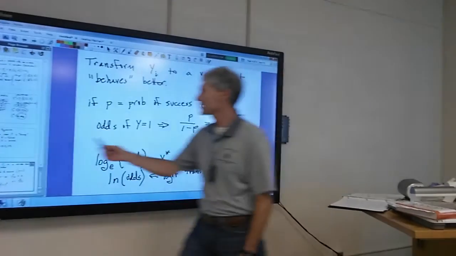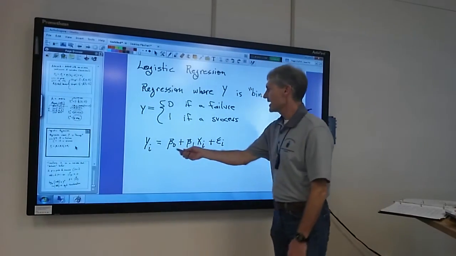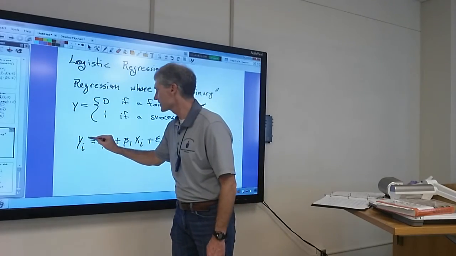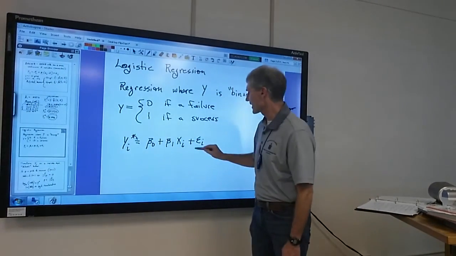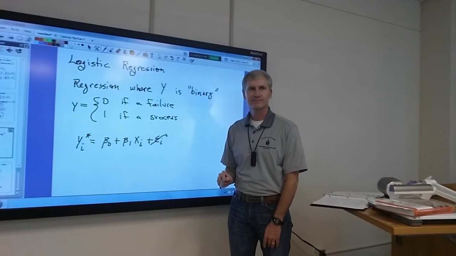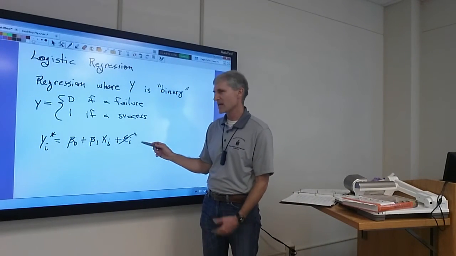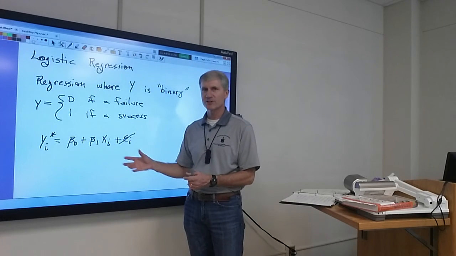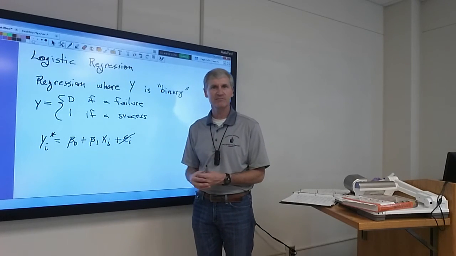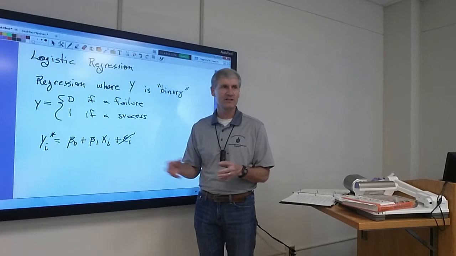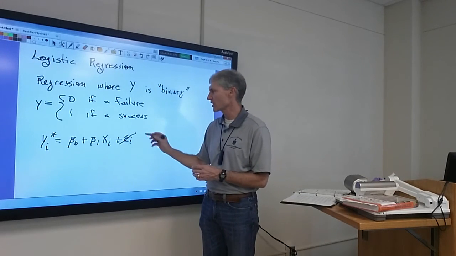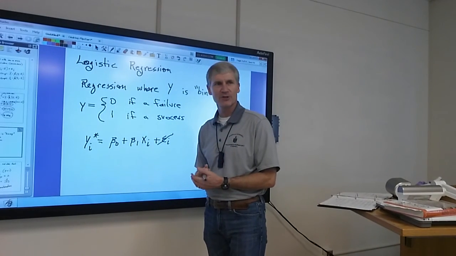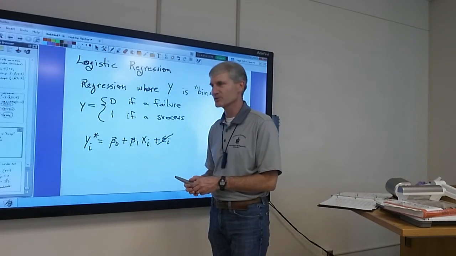And now I can go back to my model, and instead of having Y there, I can put Y star there, but I have to get rid of the error term, because the error term now doesn't apply, because I'm talking about group averages, probabilities, odds, and not a single individual. Right? So there's no error term, which is strange at first when you're used to regression with residuals and all that.